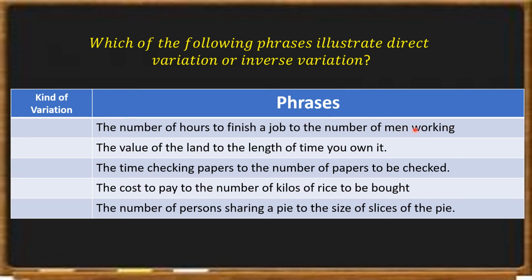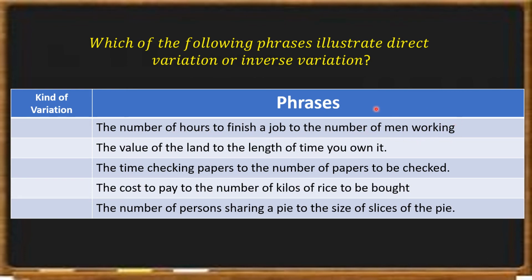Kung ginawa ay 6 kayo na gagawa ng isang job, ano mangyayari sa oras? Bibilis o babagal? Mas marami kayo. O syempre, bibilis. So, dagdagan mo yung working, tumataas yung men working, bababa yung oras ng time.